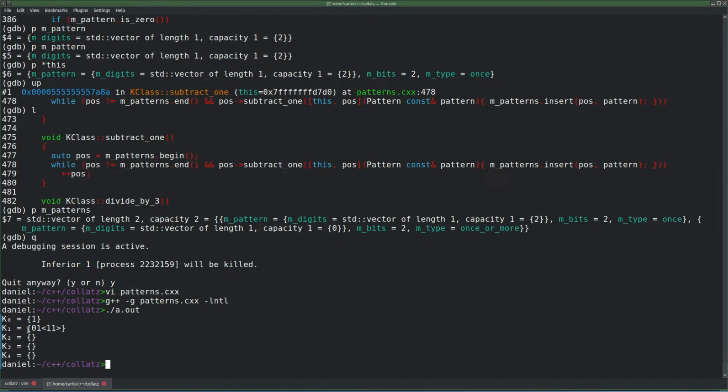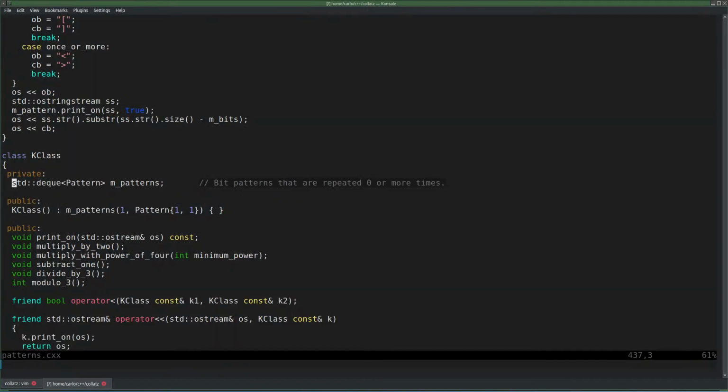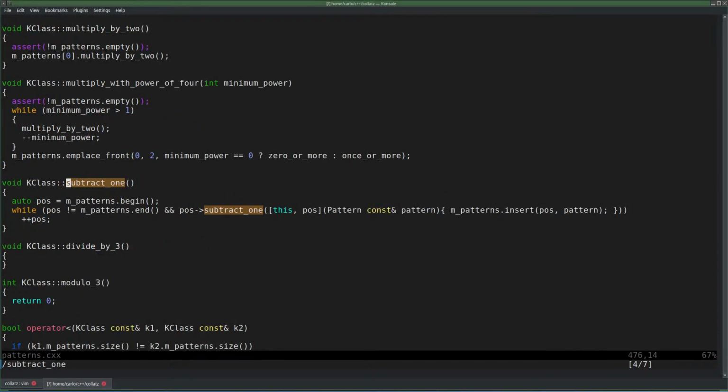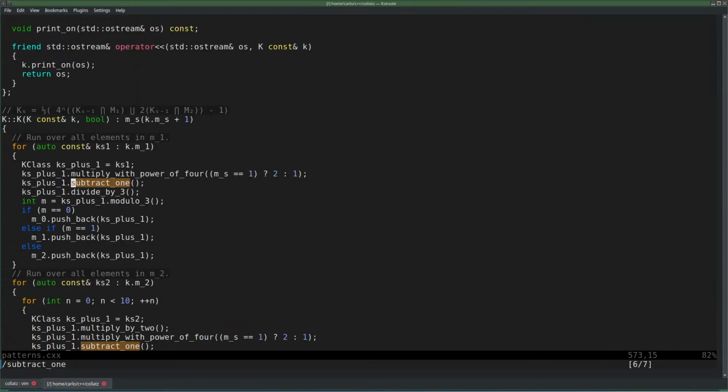But it was 2. Why was it 2? Case 1 is equal to 1 and then multiply with the power of 4 with a minimum power of 2.